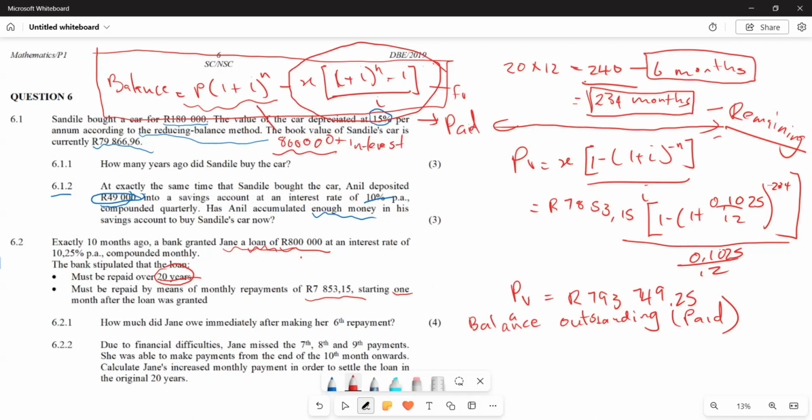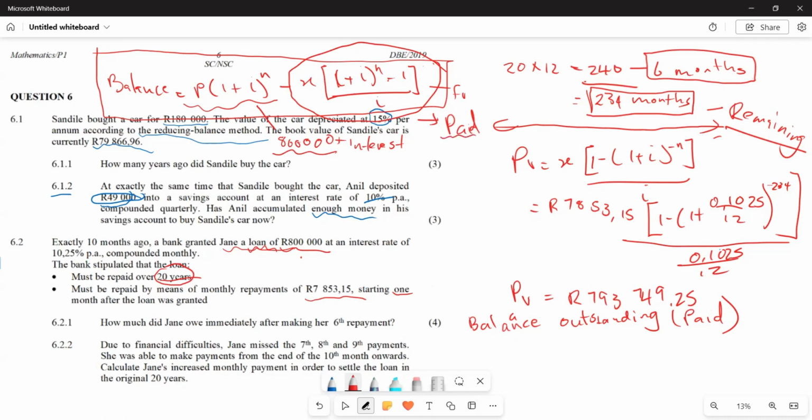So this is the difference between the two. If you are calculating the outstanding balance using the present value formula, you calculate for the months that are remaining. While when you are using the outstanding balance formula, you are going to calculate using the months that have been paid, right?